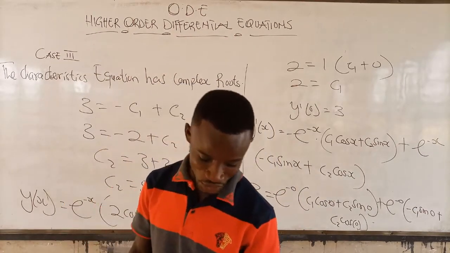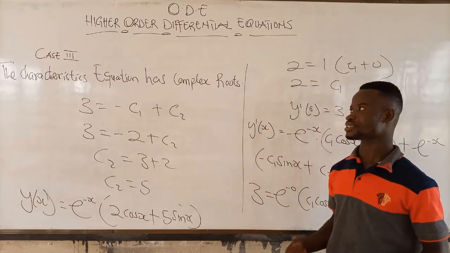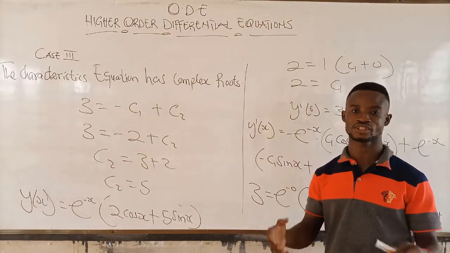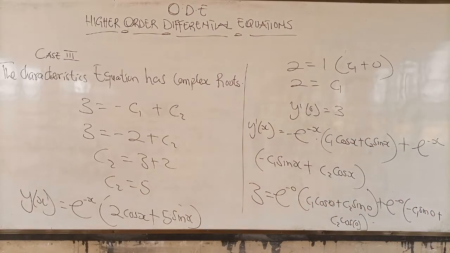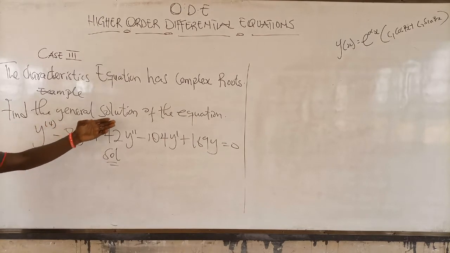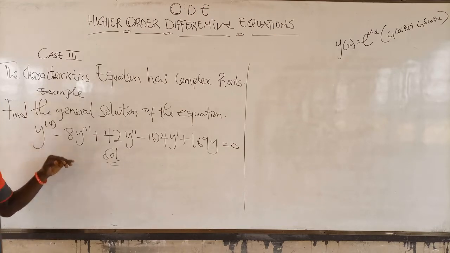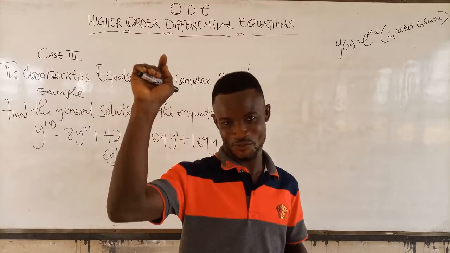Very good. I would like us to add one more example, then we proceed to that of a characteristic equation that has a complex root. Still under case 3, let's look at the last example. Find the general solution of the equation. Now, don't forget that this differential equation is of order 4.